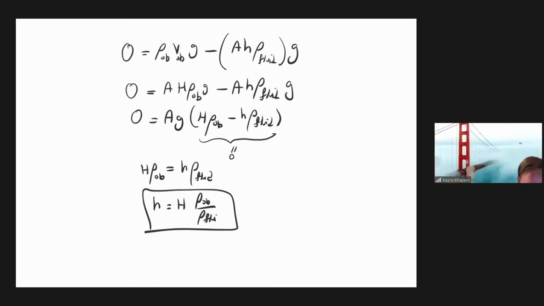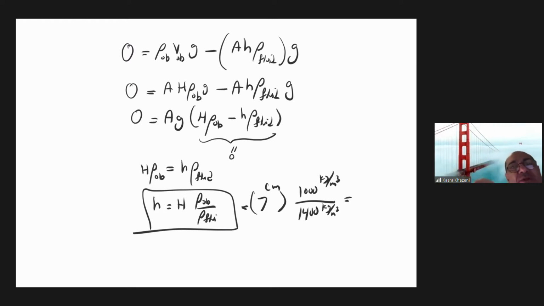Okay, so that's pretty neat. Now we can plug in those numbers. This was 7 centimeters. And then rho of the object, I'm sorry, the object was 1,000 kilograms per meter cubed, and the fluid was 1,400.